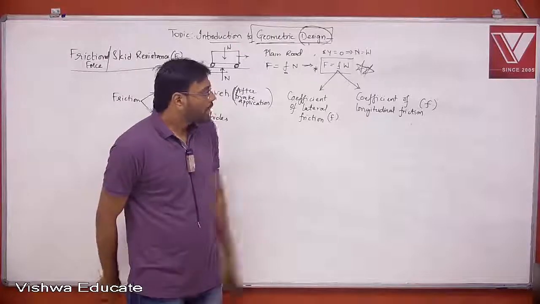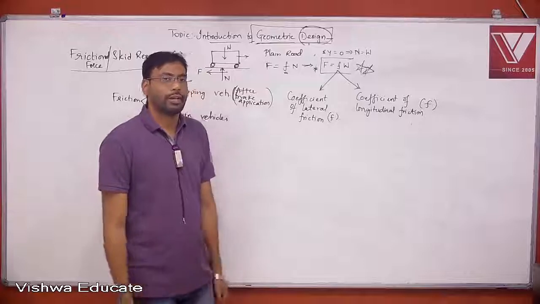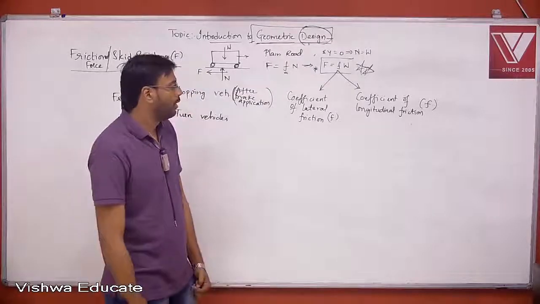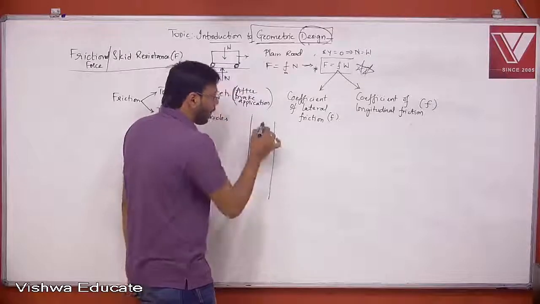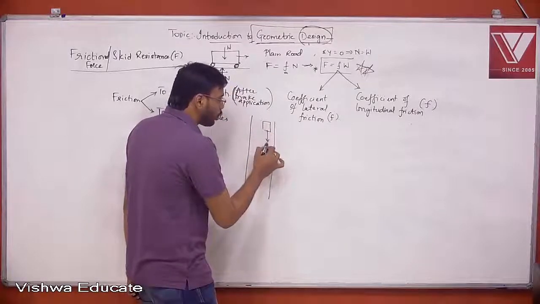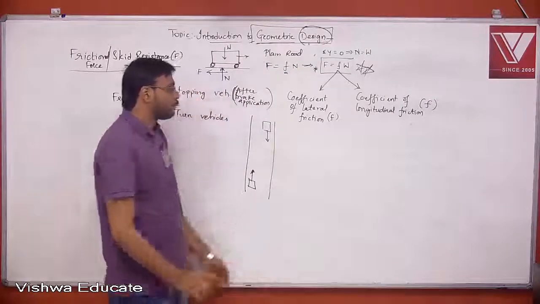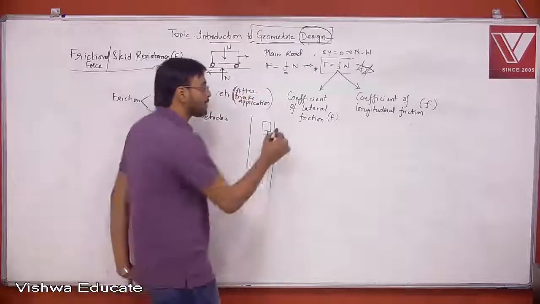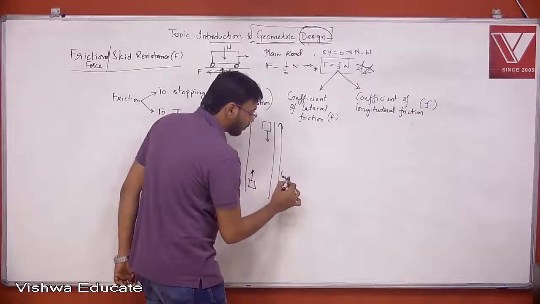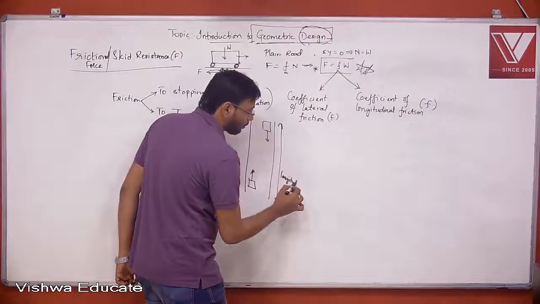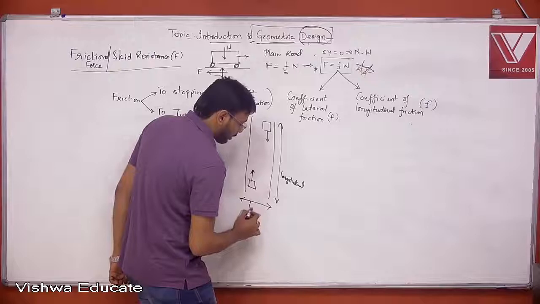So when should I consider coefficient of longitudinal friction and when should I consider coefficient of lateral friction? Simple. For example, if this is the road and this is how the vehicles are moving on the particular road, then this direction becomes the longitudinal direction for the road, and this is the lateral direction for the road.